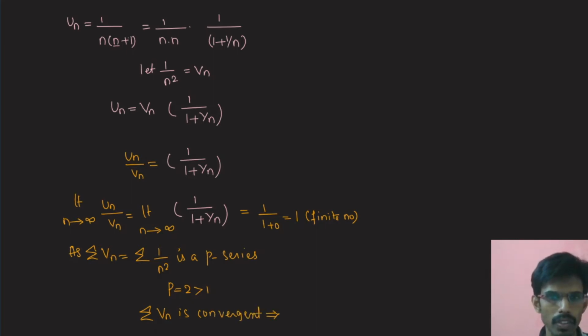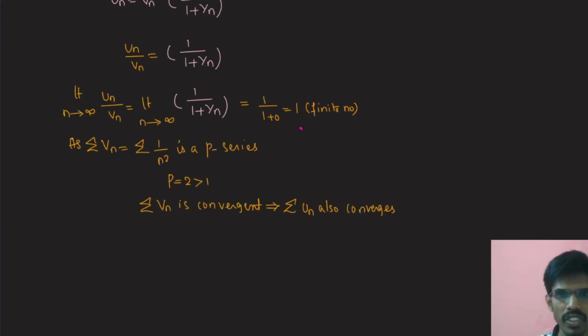That implies sigma un also converges, since the comparison test says that both converge or diverge simultaneously.